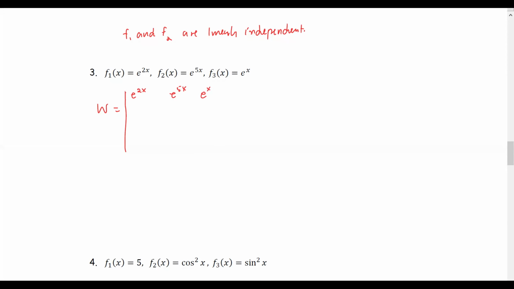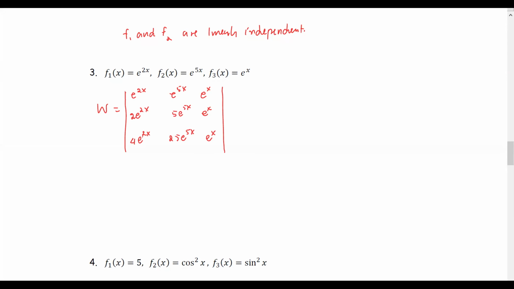The second row is the first derivative of the functions, which is 2 e to the 2x, 5 e to the 5x, and e to the x. The third row is the second derivative. We have 4 e to the 2x, 25 e to the 5x, and e to the x.